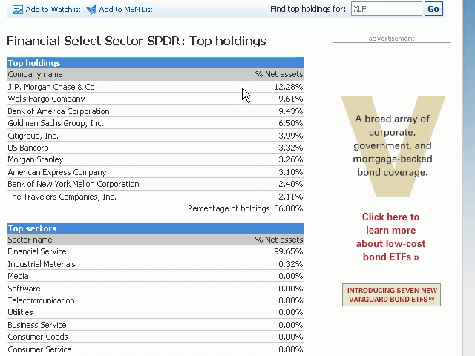So I'm most concerned about these top five, top six banks, and making sure that if I'm going to go long this ETF, I in particular want these six or so banks to be in more of a bullish setup than I would like to see them in a bearish setup. That, of course, only adds to the probabilities of a successful trade, which is obviously what this whole trading business is all about, stacking the odds in your favor.